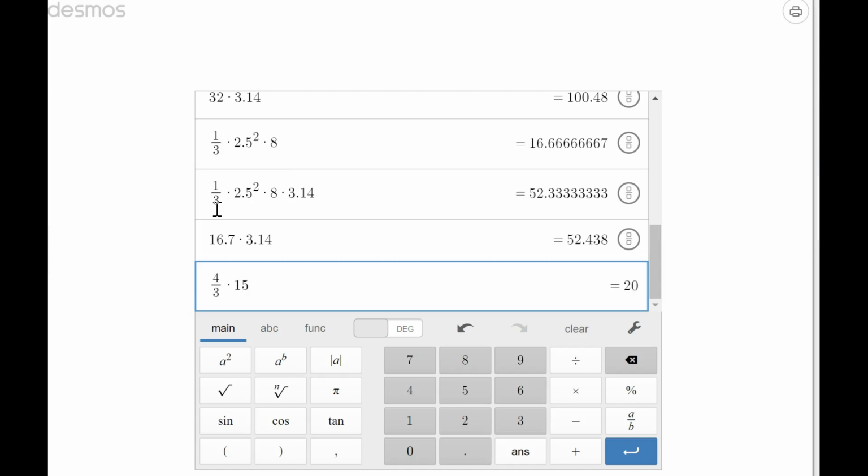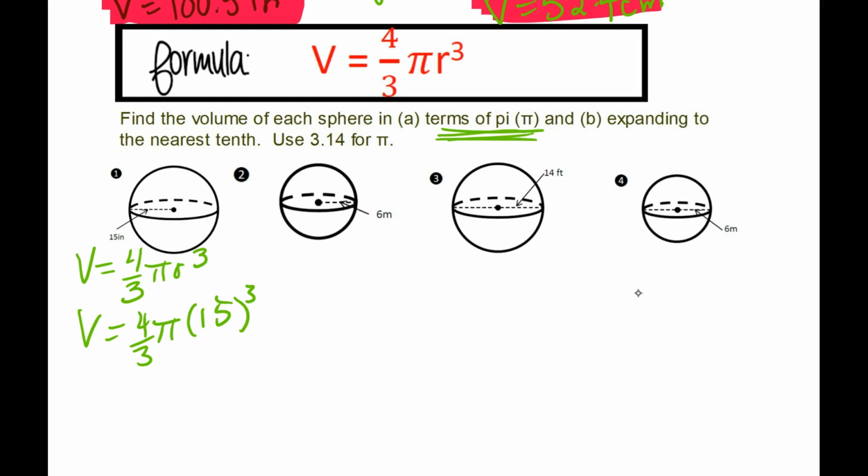And to cube this, you do not want to hit the square because that's squared. You actually want to hit the button to raise it up and get 3, or you can do shift 6 and put 3. So that's 4,500. So V is equal to 4,500 pi.